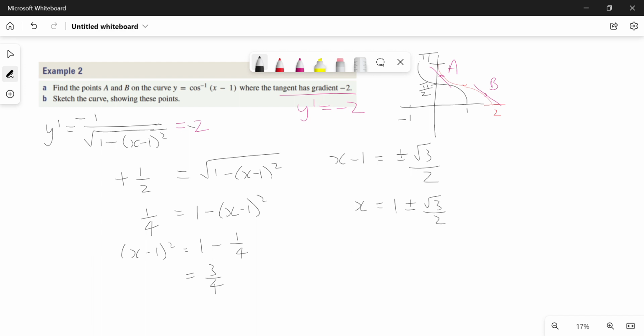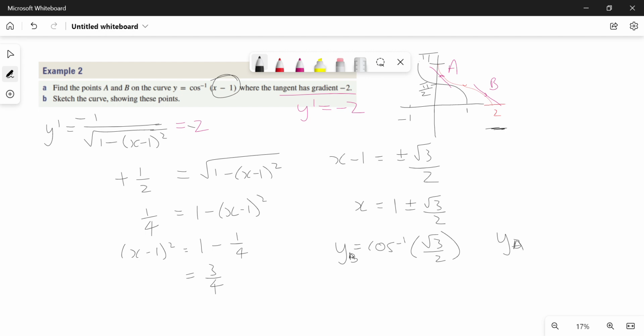So one of the points will have 1 plus √3 on 2, and the other one will have 1 minus √3 on 2 for its x value. If that's the case, we can then put it inside our y. So if I did 1 plus √3 on 2 and put it in here, and then subtracted 1, it would be √3 on 2, and let's call that y of B, because that would be the bigger one, over here, the more positive x value.